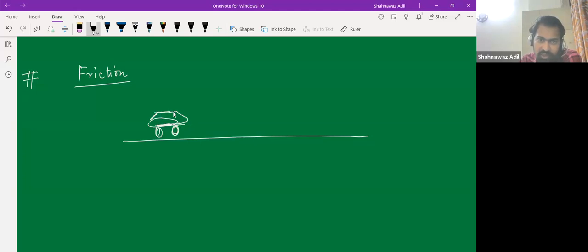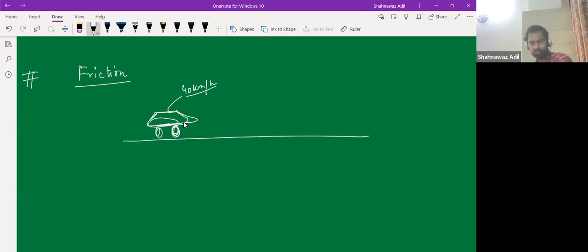This car was moving with a speed of, let's say, 40 kilometer per hour, and then you stopped the engine. So what will happen to this car?